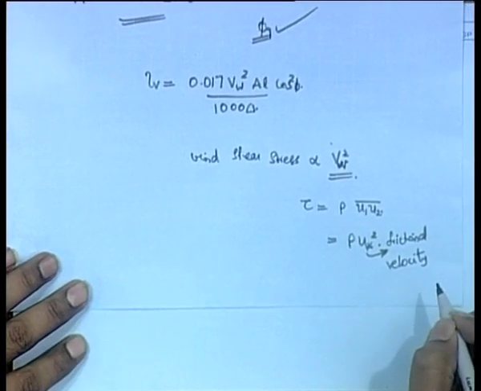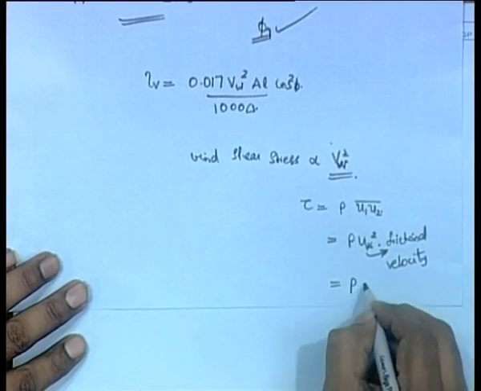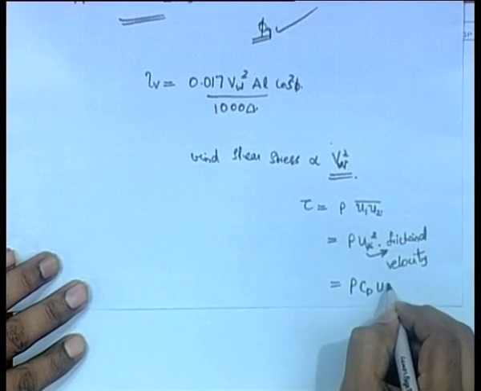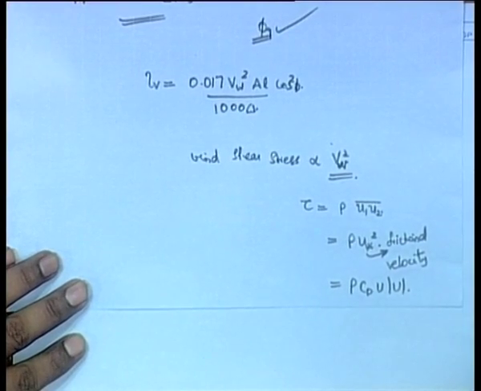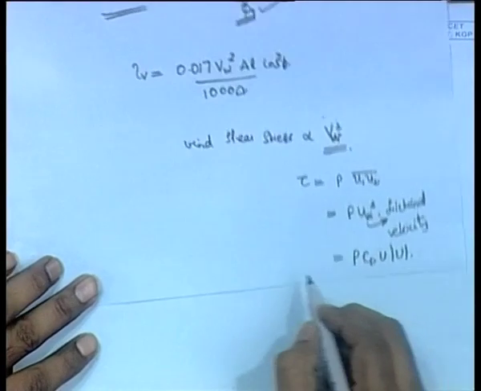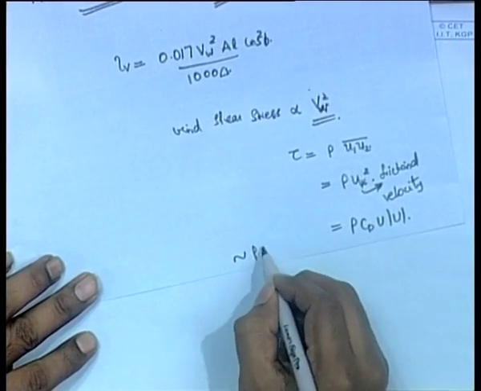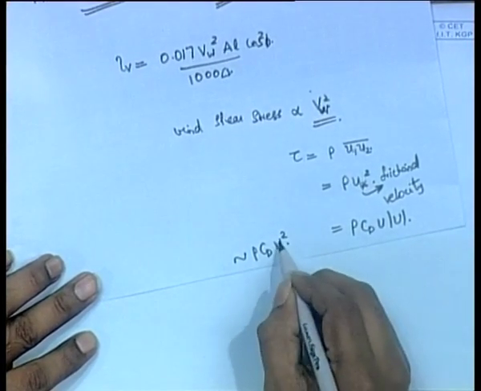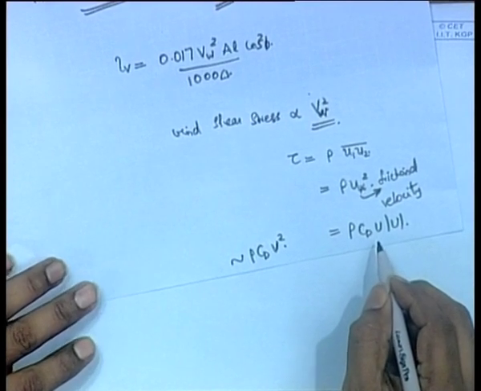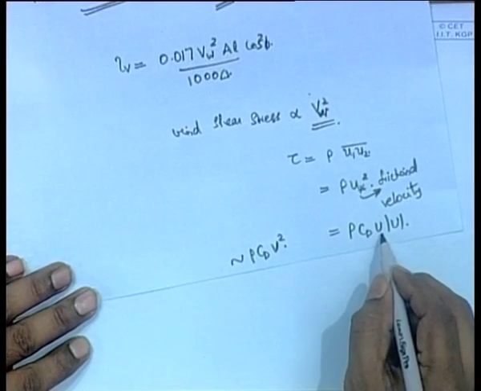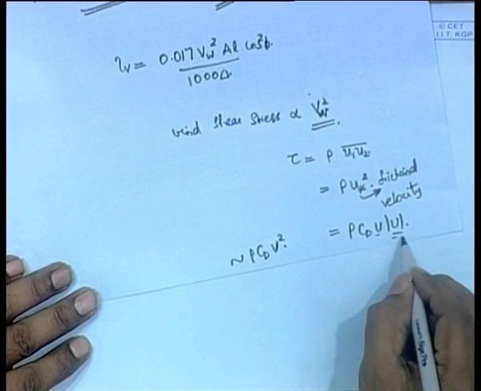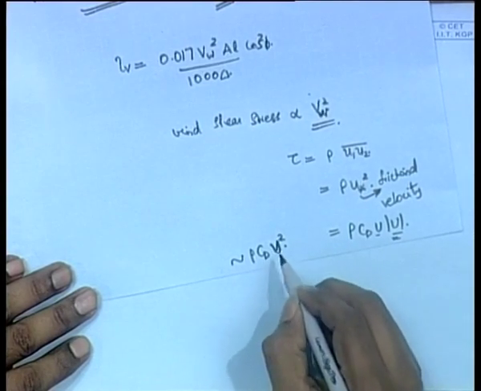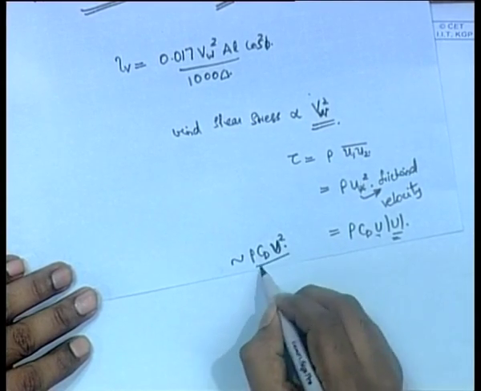So u star is known as the frictional velocity, and this becomes something like rho c d u squared. U is the net velocity of wind, and its real definition is u into modulus u, but you can reduce it to rho c d u square.